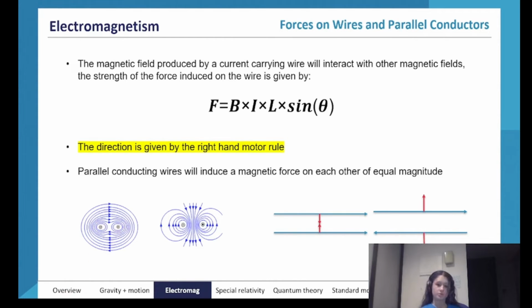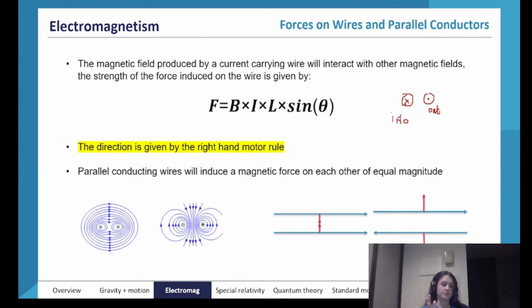Remember, I'll just write this down now. Our notation for wires or field moving into the page and out of the page is noted by these 2 symbols. If it's out of the page, it's going to be the dot inside the circle. And if it is into the page, it's going to be the cross. A way to remember this is if you think about an arrow.